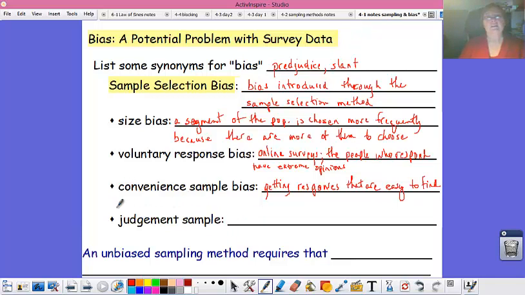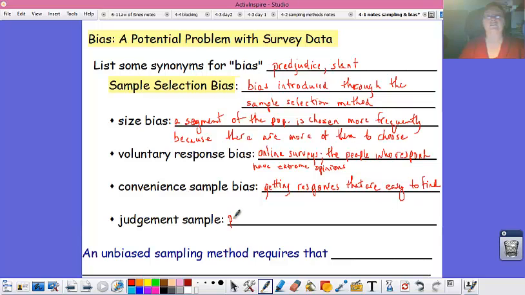A judgment sample, this one surprised me a little bit when I first learned about this, but there are companies whose job it is to sample folks, right? And sometimes just the way that those companies select samples brings bias into a survey because they don't know the population as well as somebody who's more familiar with it, the person who's doing the study.